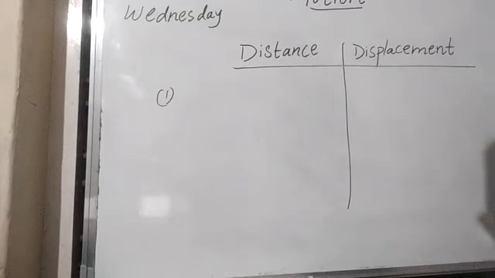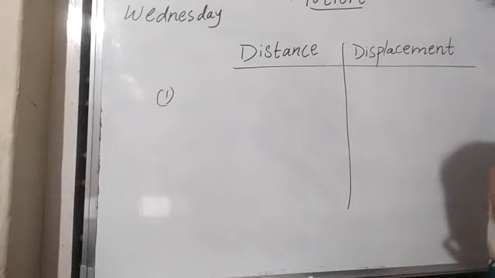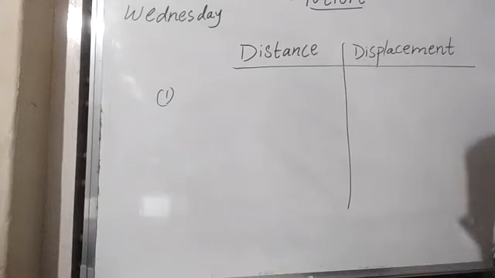Distance traveled is a scalar quantity. What is meant by scalar quantity? A scalar quantity is a physical quantity which has only magnitude, no direction. When we say the distance between school and your home is 20 kilometers, only 20 kilometers is the magnitude, not the direction.